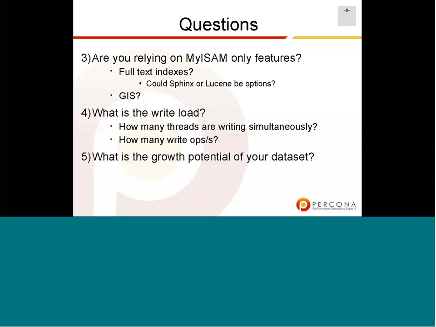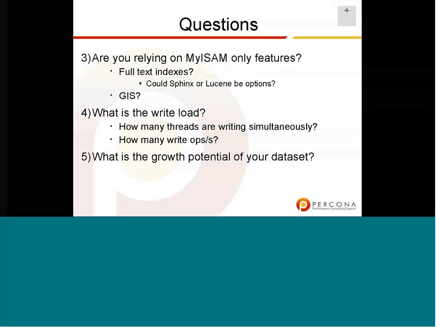So the write load will be the problem. That's a fairly common problem. People on average will have a decent write load, but they will have huge spikes that last for anywhere from a few minutes to a few hours, and those spikes will remove the option of using a simple solution based on replication.